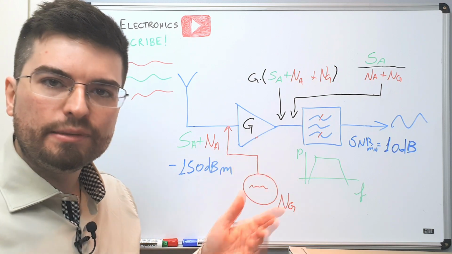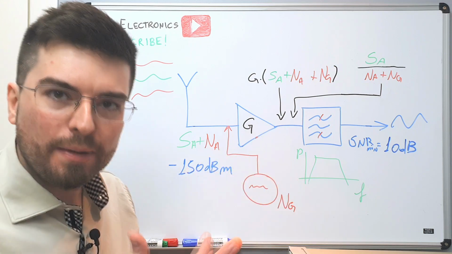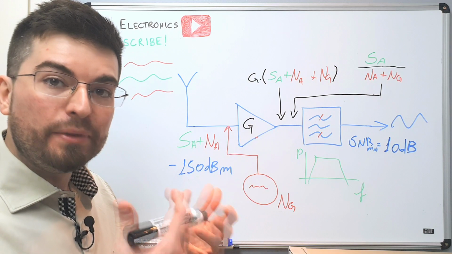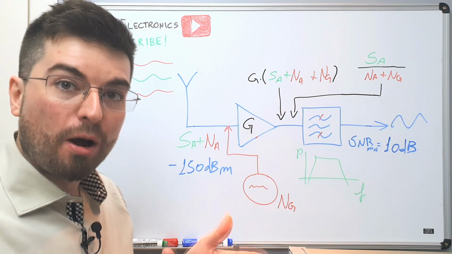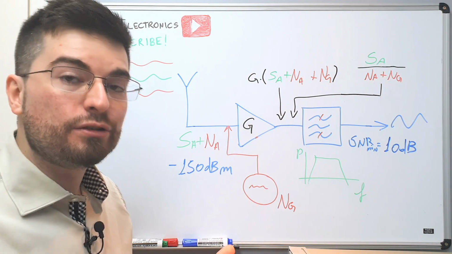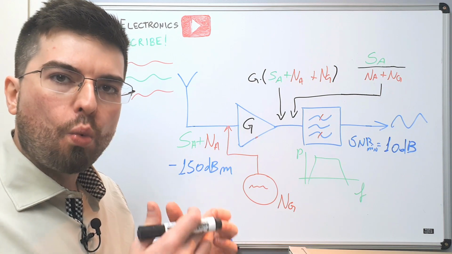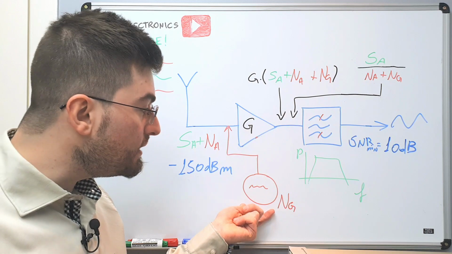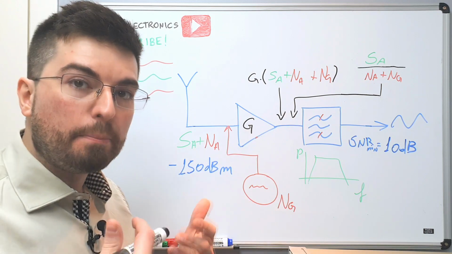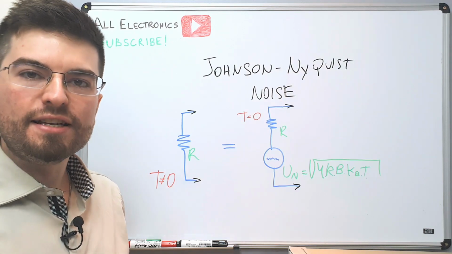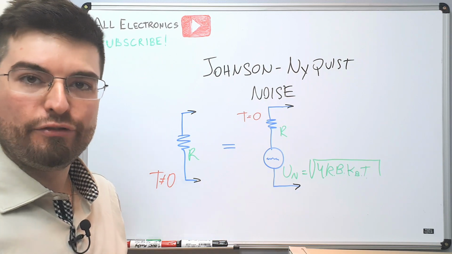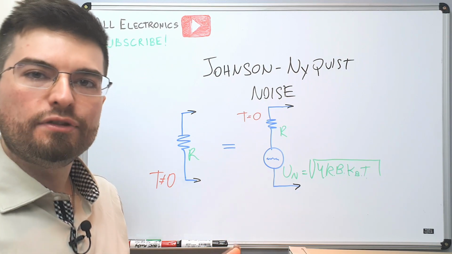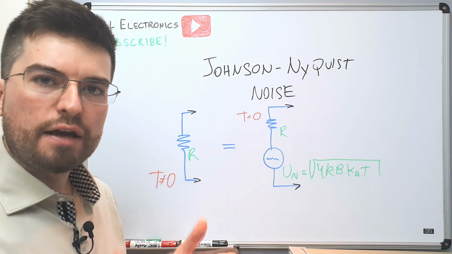Now that we understand the basic picture and the problem of amplification and how amplification comes with its own problems of adding noise to the process, we can understand what a noise temperature means. Why when we talk about noise, we talk about temperature. I will not be entering in the physics here because I don't understand physics, but on electronics we have something called Johnson-Nyquist noise.